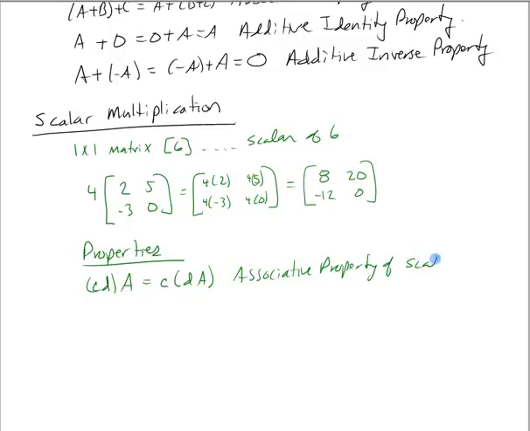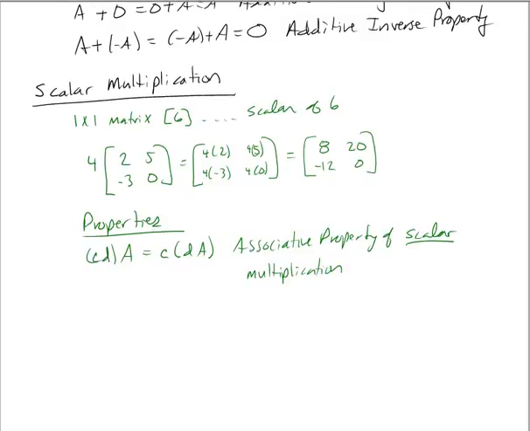Now the word scalar here is important because this property might not apply with just strict multiplication of matrices. We're only looking at scalar multiplication right now. Now if you take 1 times anything, you'll get that self back. So 1 times the matrix A will just equal A, and this is called the scalar identity property.